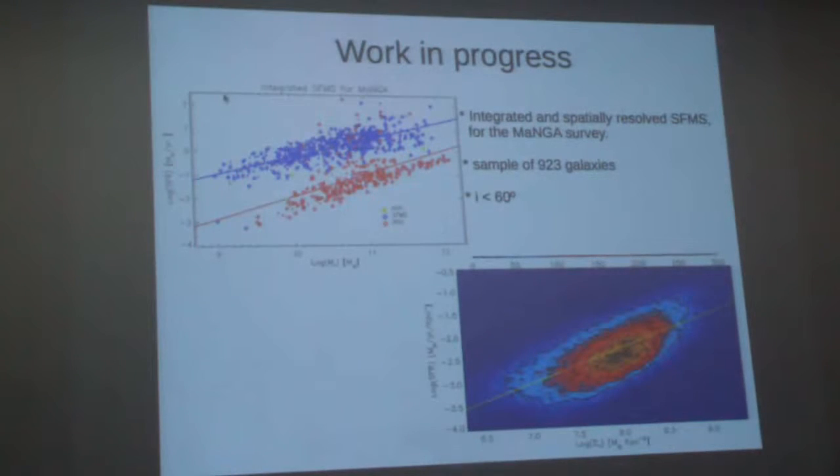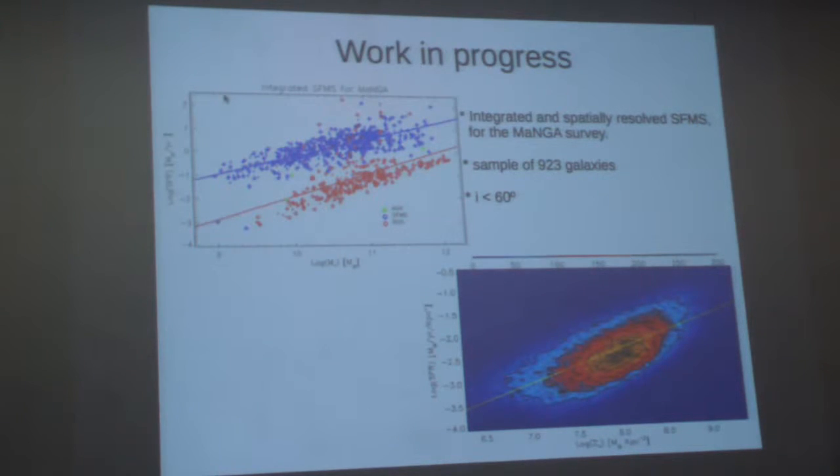So just one last slide is a work in progress, because I am trying to reproduce these results using the MaNGA survey, because first of all, MaNGA is a much larger survey. For example, I built this spatially resolved star formation main sequence diagram using the MaNGA results so far.